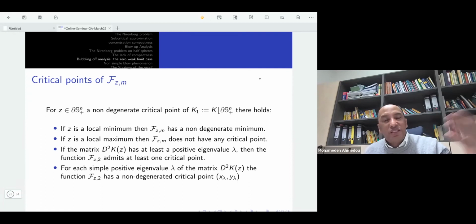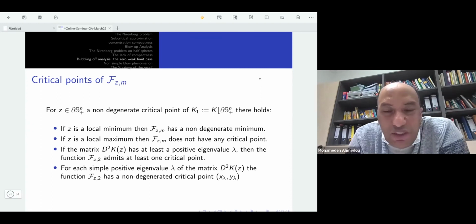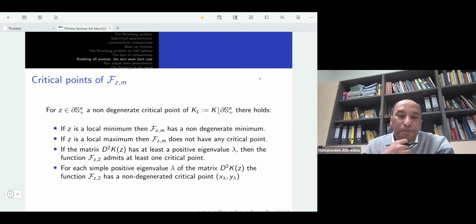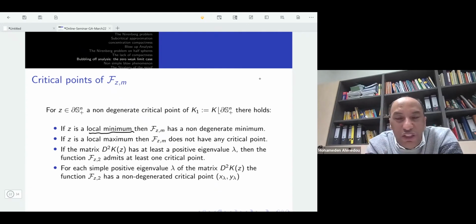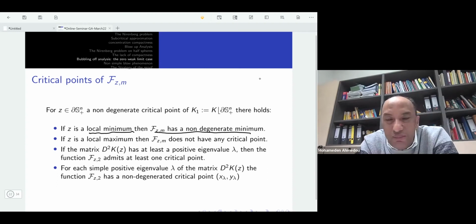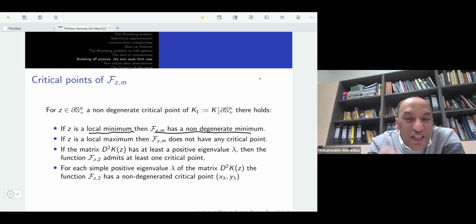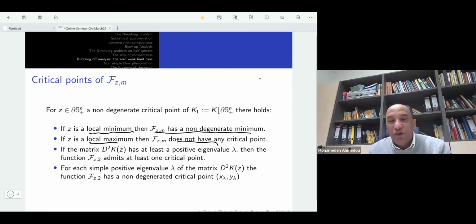So this function may or may not have critical points, and so let me point out some simple situations. If your z is a local minimum of the function K1, then you can prove that the function always has a minimum. If now z is a local maximum, you can prove that the function does not have any critical point.